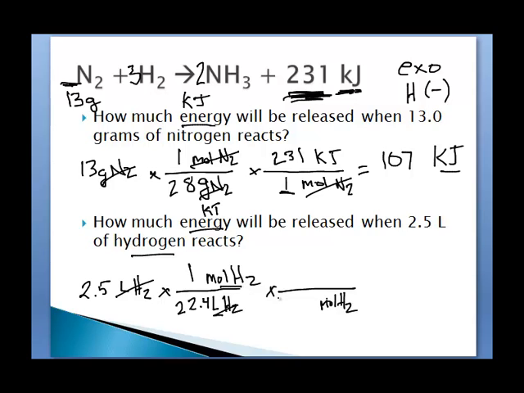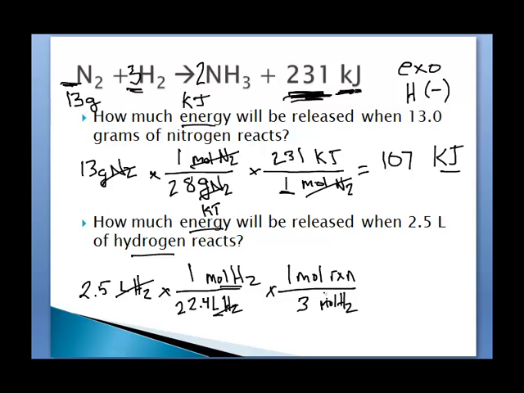Well, now we're going to put moles of hydrogen in the denominator, because we have moles of hydrogen here. Now here's the new technique, and you don't have to do this, but you'll see this if you look around the internet a little bit. We can say that there is 3 moles of hydrogen. The coefficient in front of hydrogen in the balanced equation is 3, and then we would say per mole of reaction.